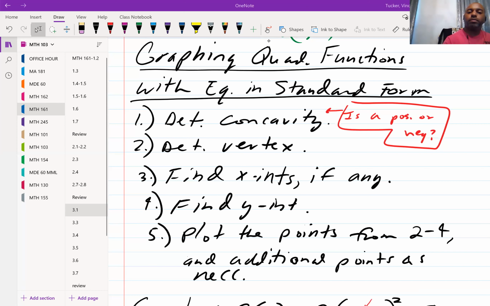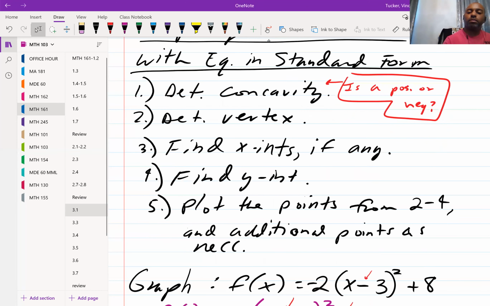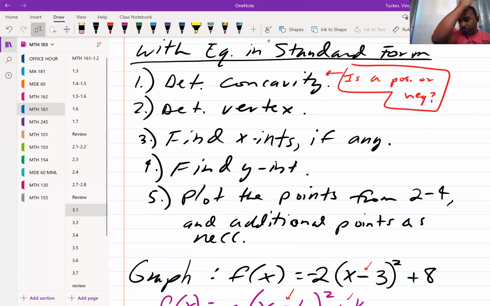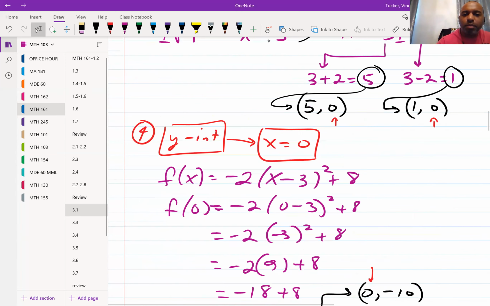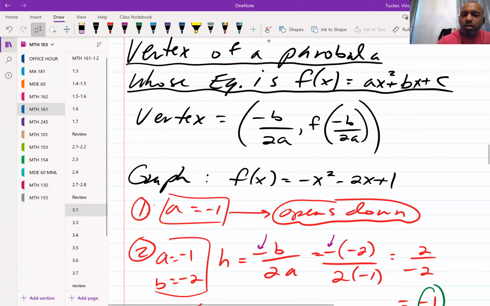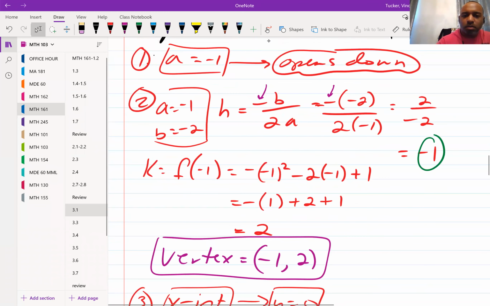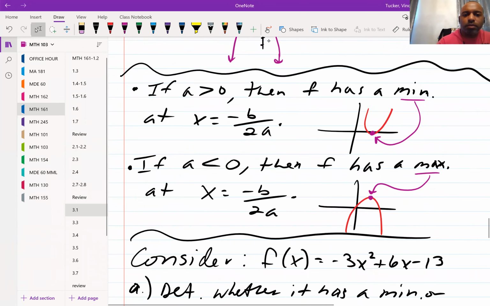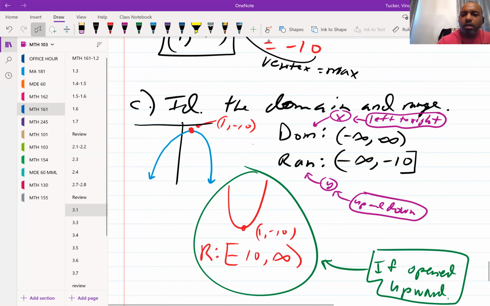And then if you need any additional points, you can do that as necessary. All right. I'm gonna come back to this. I want to see if I have an example of a certain type of problem. Looking for something.